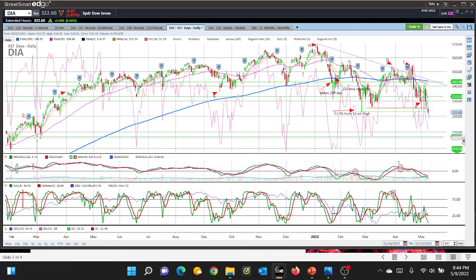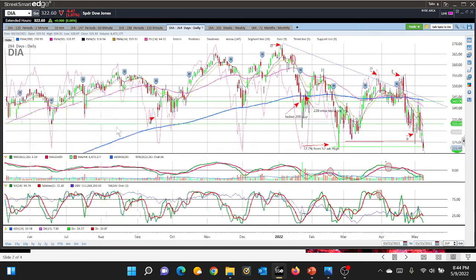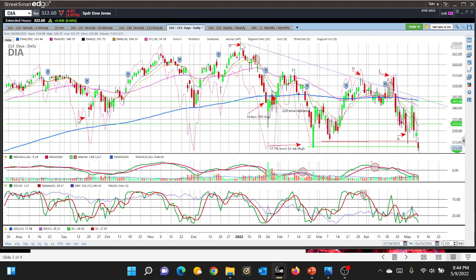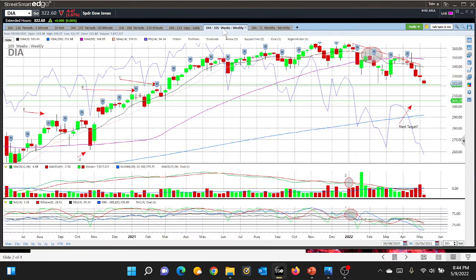So that's this green line here. That's 306, and we're at what? 321, something like that. Wow. That's 20 more points down. That's almost 10%. So let's take a look at the weekly to get a little bit better.